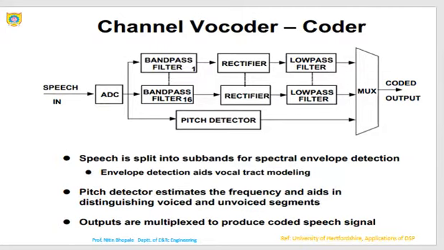There are usually 16 subbands covering the whole audible frequency range. The speech is also analyzed for the pitch of the sample. For voiced sounds, the estimated frequency is multiplexed and transmitted. For unvoiced sounds, since they do not have pitch, only an indication of their existence is coded and transmitted.